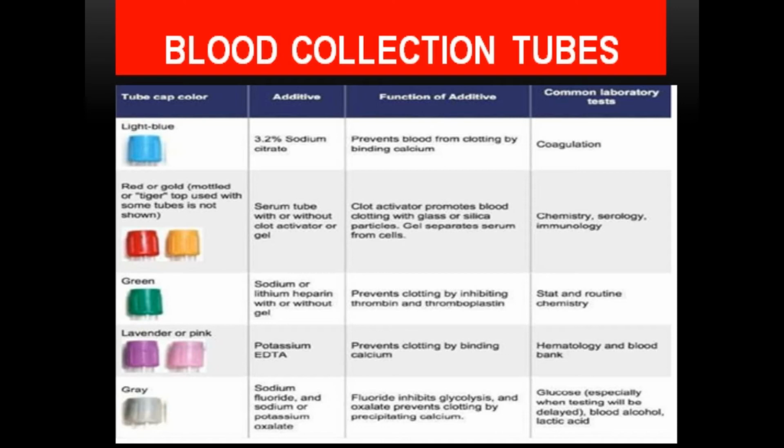It contains potassium EDTA, an anticoagulant, and is used for most hematological procedures. It is primarily used for CBC, blood smear, and DLC. Furthermore, it has a large tube of 6 ml, which also makes it suitable for blood bank procedures as well.